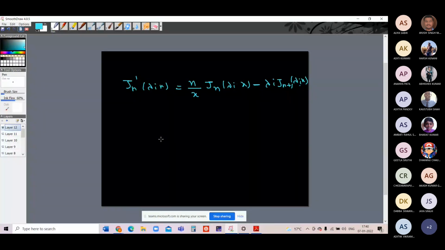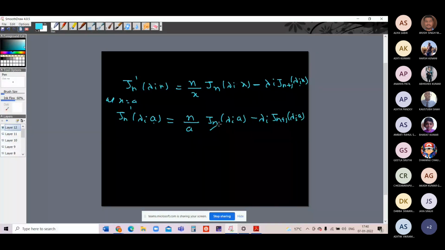Now substituting this value, first of all we have to find this value for lambda i a at the point x is equal to a. Substituting x is equal to a here, we get n by a Jn lambda i a minus lambda i Jn plus 1 lambda i a. We know that Jn lambda i a is 0, so this will be 0.